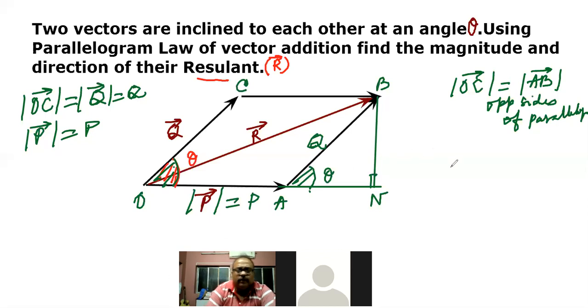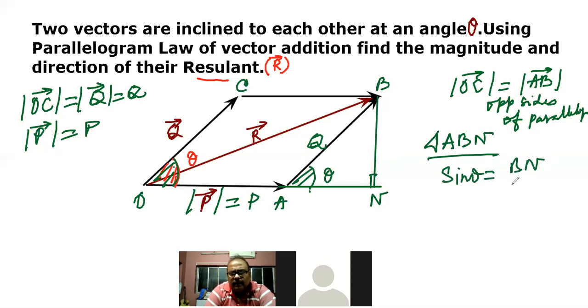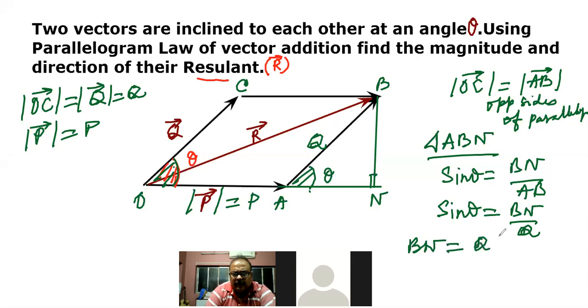Now I consider the triangle ABN. Children, in triangle ABN, sin theta equals BN by AB. Our AB is Q, therefore sin theta equals BN by Q, and therefore BN equals Q sin theta.